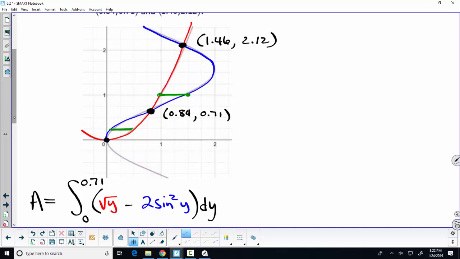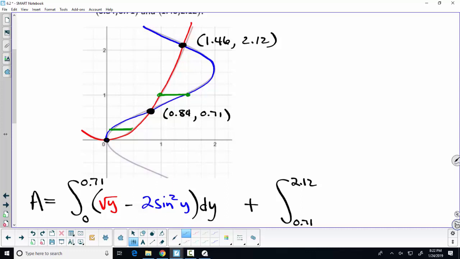And then our second region, we pick back up at 0.71 and go to 2.12. And then the right minus the left have switched in this region.